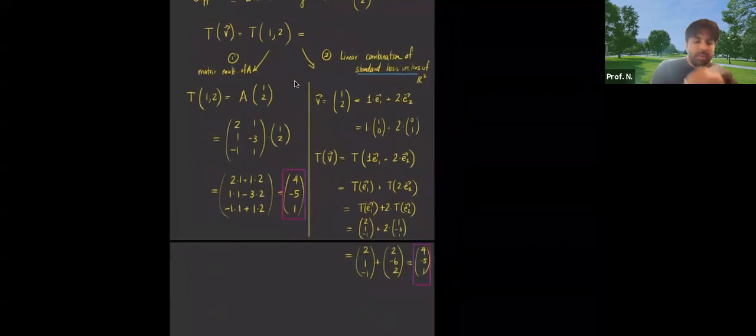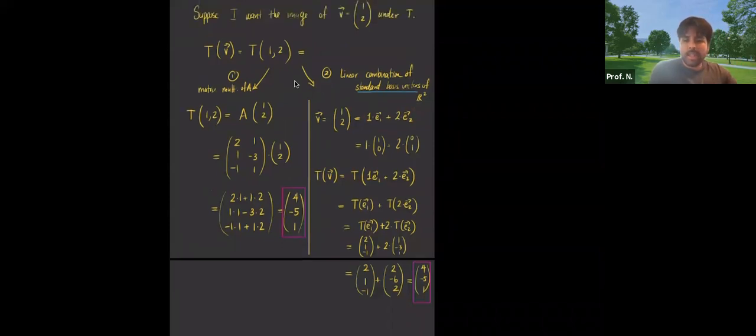So there are two ways to view this. That's all I'm trying to say. One way is as a linear combination of E1 and E2, and the other is as a left multiplication of a matrix. The notation can be confusing, because they seem to be different, but they're the exact same thing.